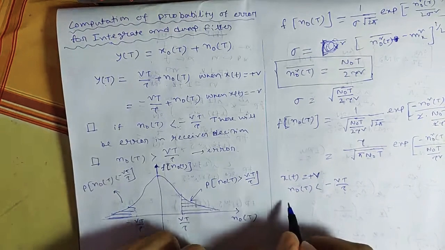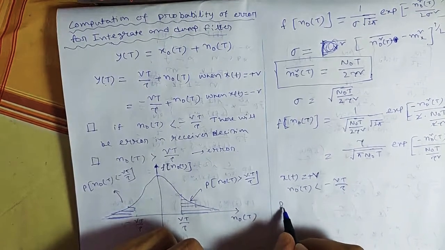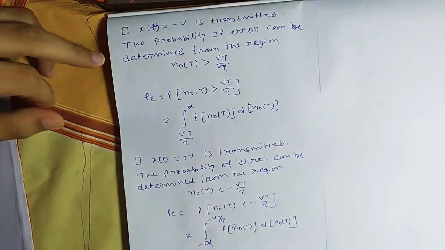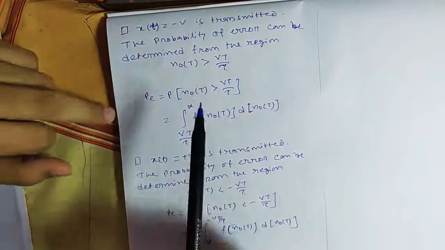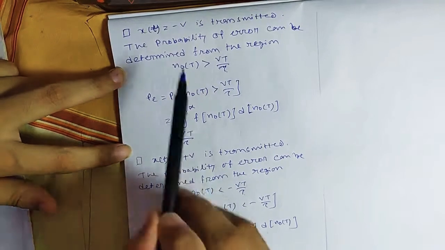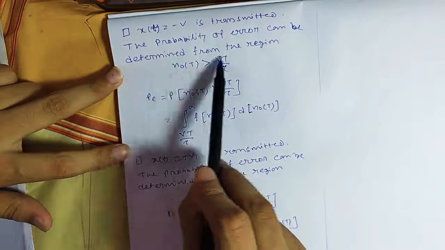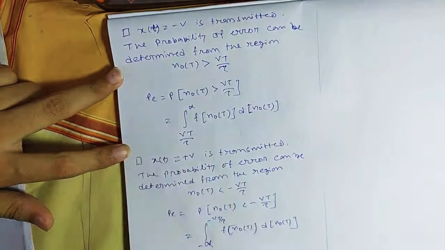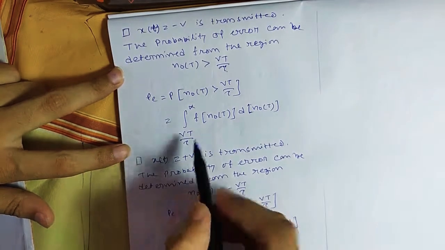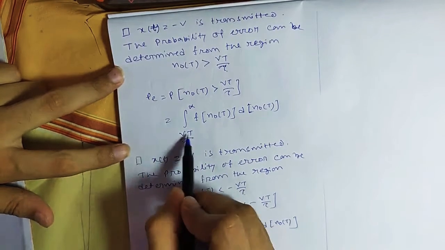So the probability of error in this case: now here we have two cases. One is x(t) is minus v, and the other is x(t) is plus v. Whenever x(t) is minus v, we need to determine the region where n0(t) is greater than vT by tau. That region is the area of this curve, which can be determined by integrating the curve over vT by tau to infinity.